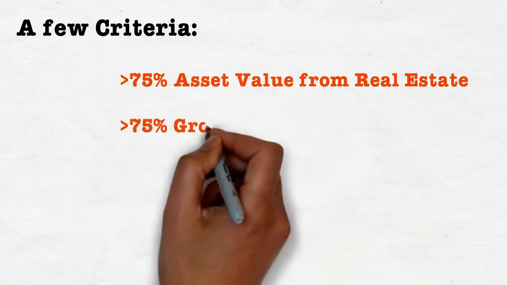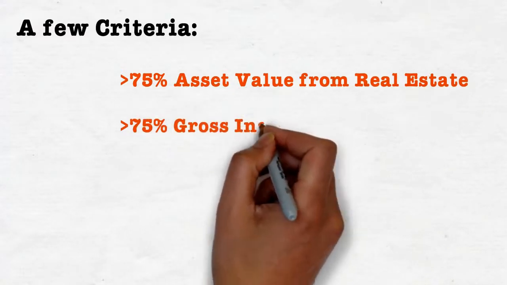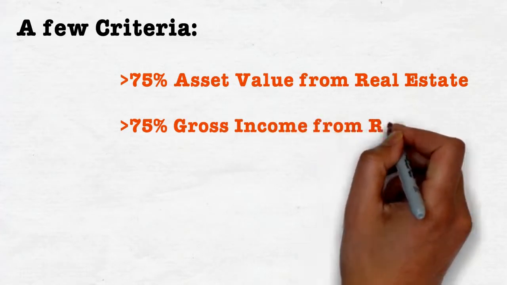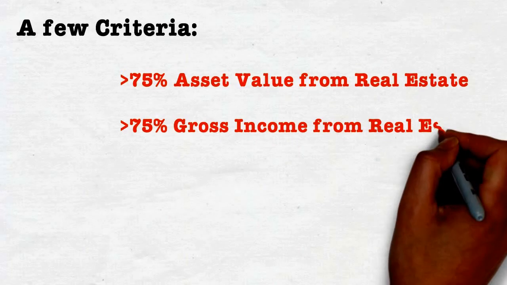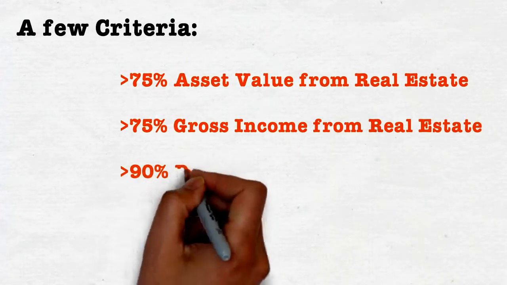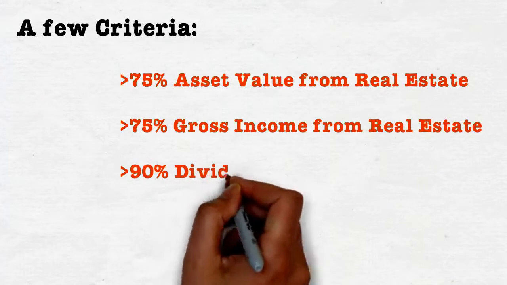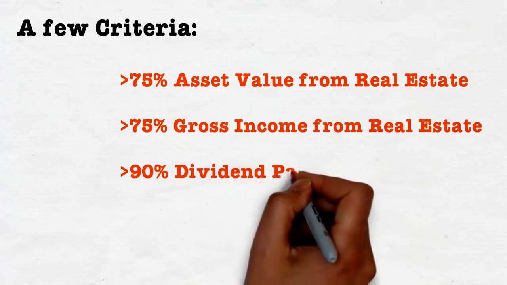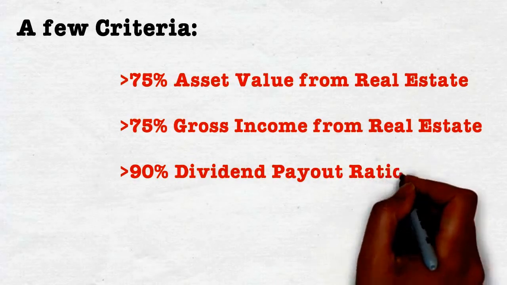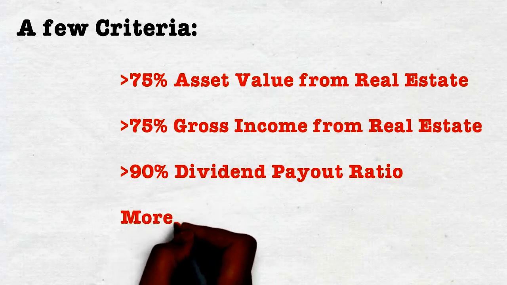The other one is that it needs to have at least 75% of its gross income coming from the real estate part of the investment trust. So the assets must be worth at least 75% of the total trust, and the gross income coming into that trust must be at least 75% from the real estate part of the trust.